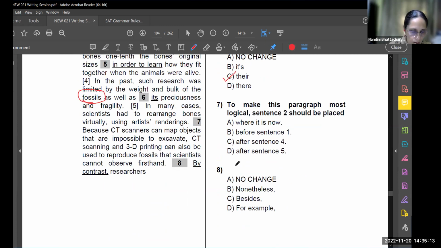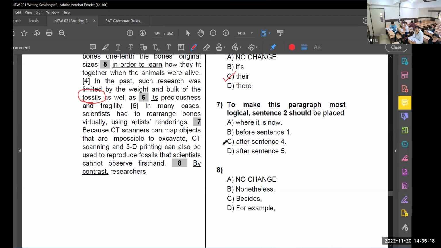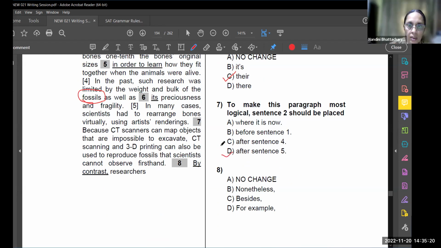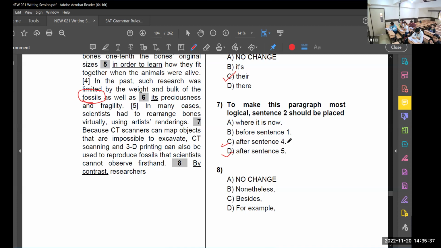So what's the answer to number 7? D. Ma'am, C. We have D, we have C. Any other answer? Okay, so who all think it's C? Raise your hand. Okay. Can it be B? Can it be B?